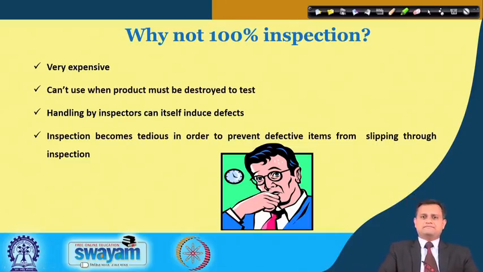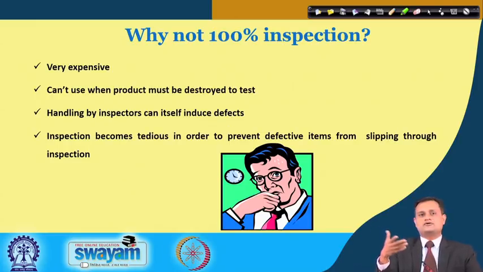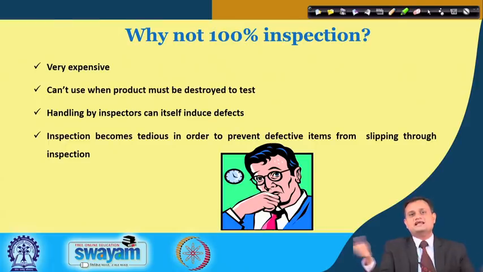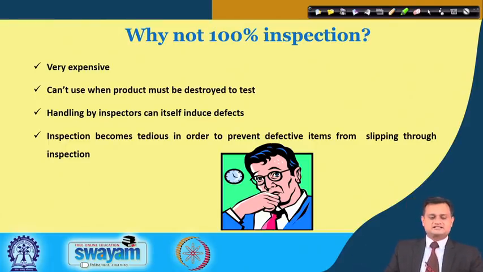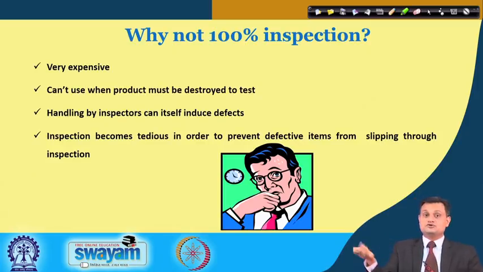Now we can appreciate why not 100% inspection. The reasons are very obvious. It is extremely expensive. Suppose non-destructive testing is required, you cannot do it 100%, otherwise you will spoil all the products. Then handling by the inspector can itself induce some defects.